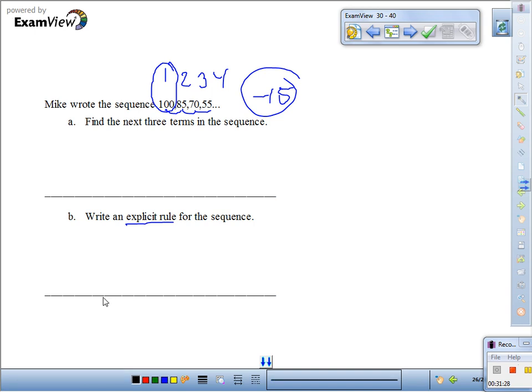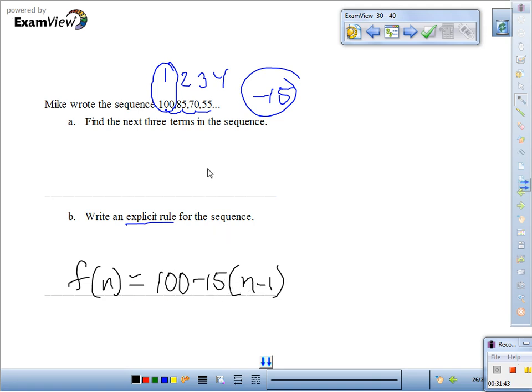So watch. I'm going to write my rule. F of n equals. I write my first term. What is my first term? 100. What is my pattern? Minus 15. And at the end, you just end it with n minus 1. It's that simple. First term, the pattern, and n minus 1.